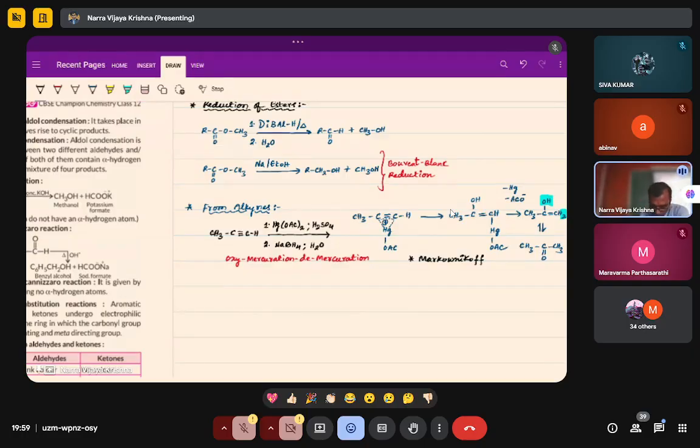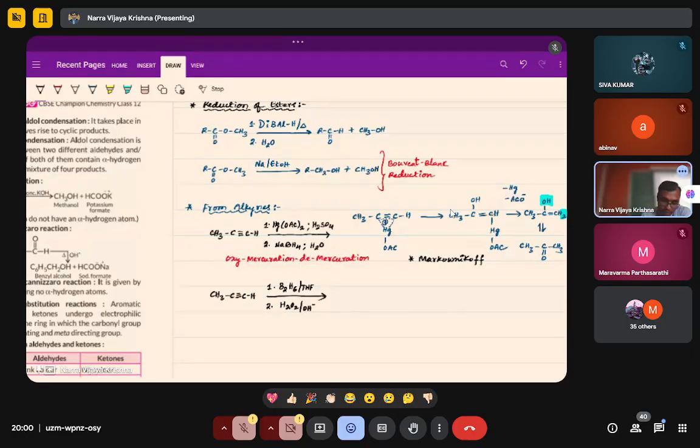Now, if I take the same reagent, instead of oxymercuration demercuration, first I am adding borane or diborane in tetrahydrofuran solvent, followed by peroxide, any peroxide in the presence of base.